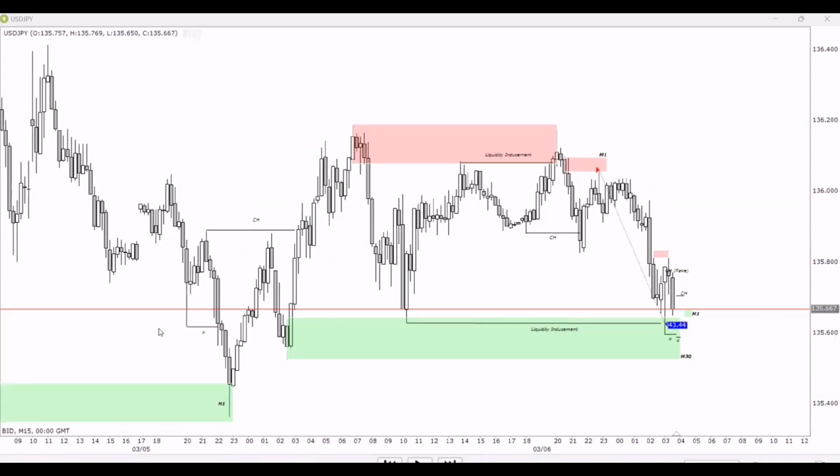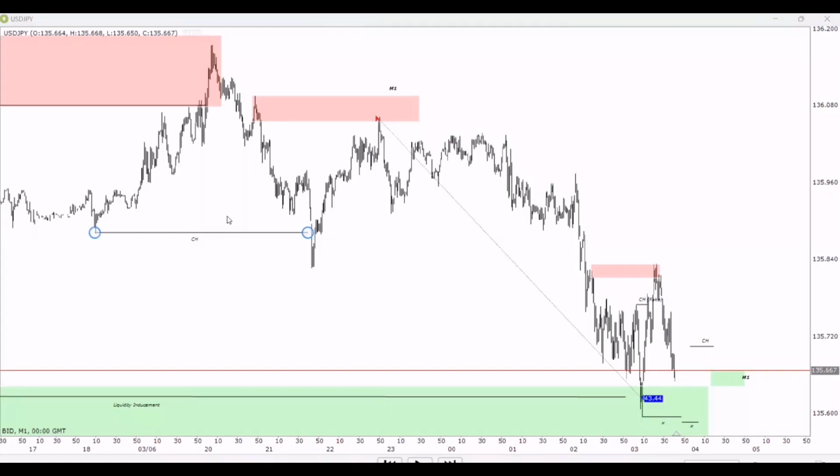So since liquidity inducement was taken out, now let's drop down and look for more confirmations. See that this was an absolute supply zone because we had a push to the upside and took out this liquidity inducement, right? Price came down.